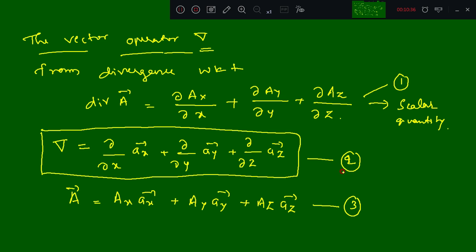Then the dot product of equation number 2 and 3, what are we going to get? The dot product is del dot A. This gives what? See here, Ax into Ax will give you 1, Ay into Ay will give you 1, Az into Az will give you 1.